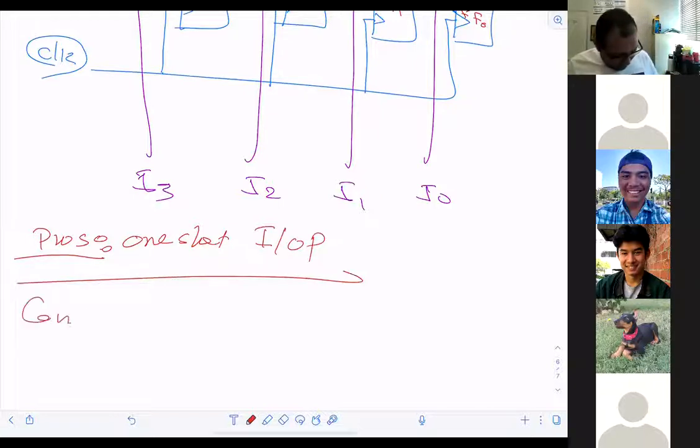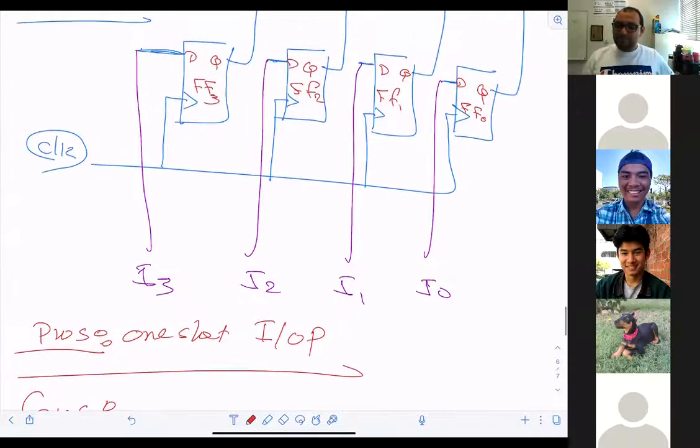Is there any cons? Complexity. You think there is no complexity at all? Anyway, tell me, what is the cons? More wires. Yeah, I can consider that one of the things, because there is something called fan-in, fan-out when you go in the chip. But you know what this circuit cannot do?